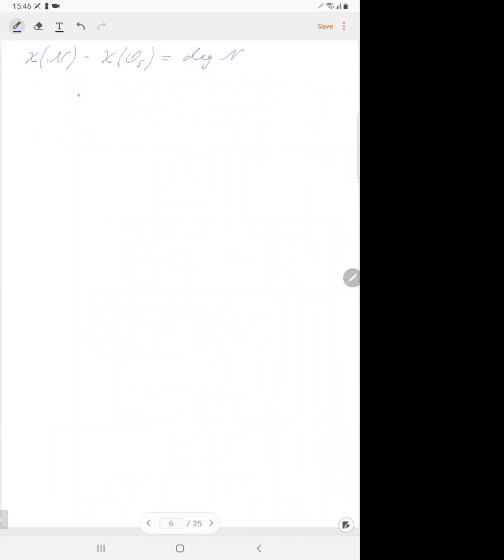Just because, well, you know that. Riemann-Roch? Well, for one thing, yes, but somehow Riemann-Roch is deduced from this. So n is OS of sum of some points x I minus sum of yj, where i goes from 1 to n, j goes from 1 to m, and the degree of n is n minus m. That's clear, yeah.